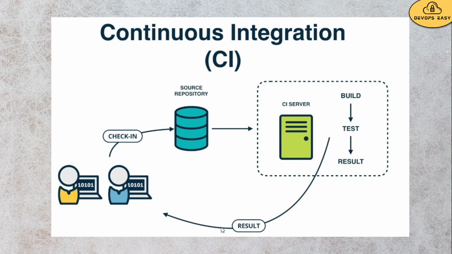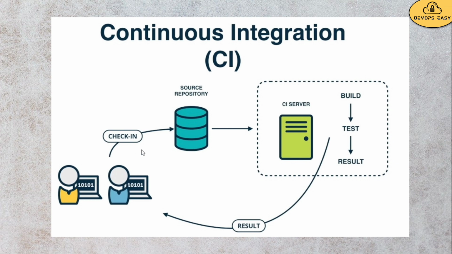So developer will write the code and he will store it in the source code repository. Whenever he commits the code, it will automatically be done. If there is any error, it will be notified to the developer. So this process will continuously go on.